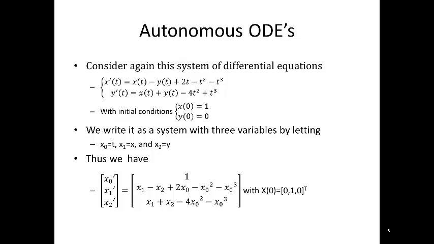And so we get our system in vector form: x0 prime, x1 prime, x2 prime is equal to 1, then x1 minus x2 plus 2x0 minus x0 squared minus x0 cubed, and the third line is x1 plus x2 minus 4x0 squared plus x0 cubed. And we have our initial condition, capital X0 is equal to 0, 1, 0 transposed.